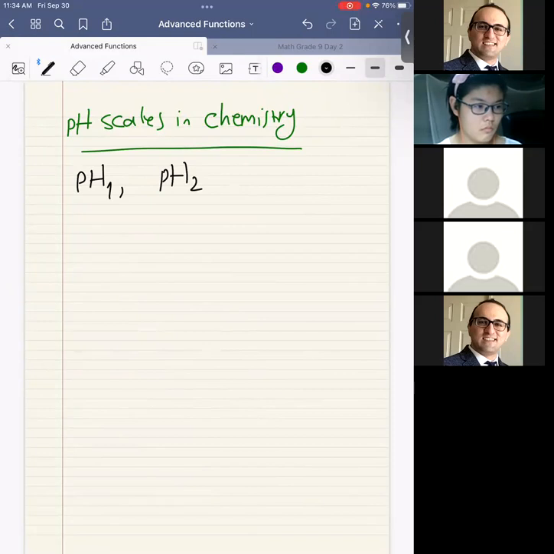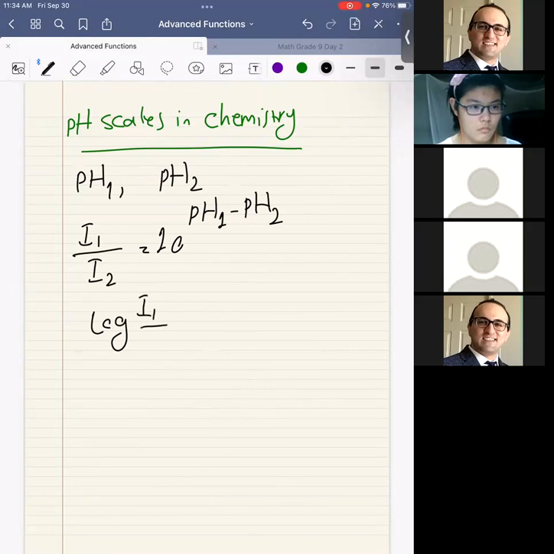Then I1 divided by I2 is equal to 10 to the power pH 1 minus pH 2, which is equivalent to saying that log of I1 over I2 is equal to pH 1 minus pH 2, right?